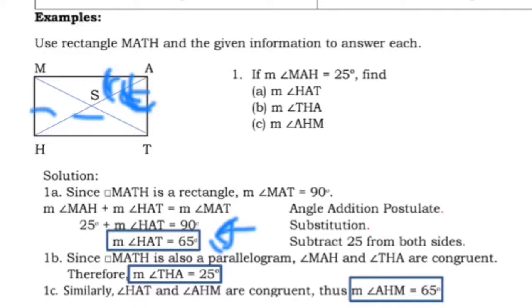If angle AHT is 25, then angle AHM is just 90 minus 25, and is also equal to the measure of angle HAT, which is 65 degrees.